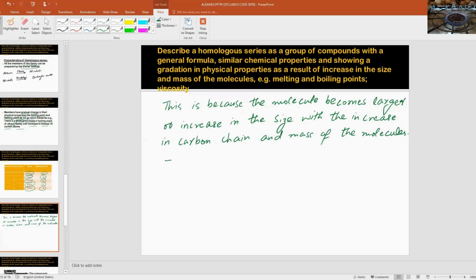The intermolecular or van der Waals forces also get stronger.